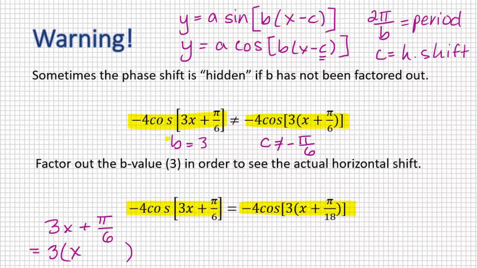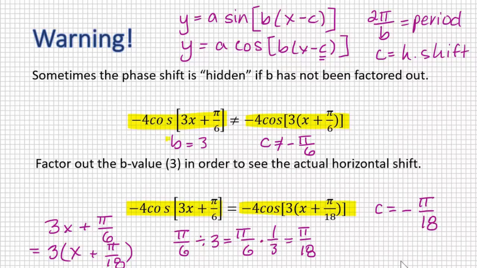That leaves us 3x divided by 3 with an x, and the second term will be pi over 6 divided by 3, which we should write as pi over 6 times 1/3 to show that this gives us pi over 18. So pi over 6 divided by 3 leaves us with pi over 18. As a result, the value for c, the horizontal shift, is negative pi over 18.